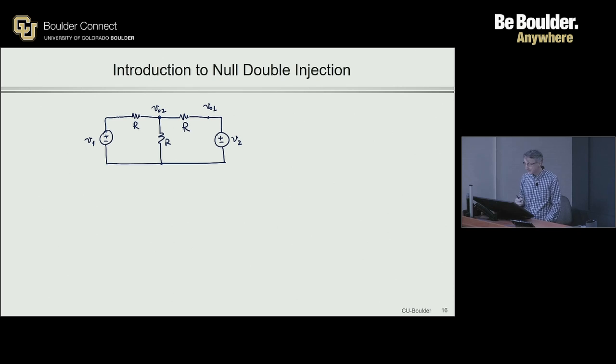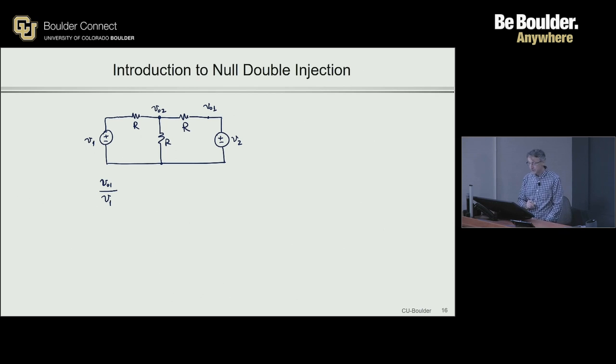You can just put together these transfer functions, if you wish, from any of the inputs to any of the outputs very easily. But I'm going to ask you the question that actually does require thinking in terms of the null double injection. The question that we want to discuss right now is, what is V output 1 over V1?